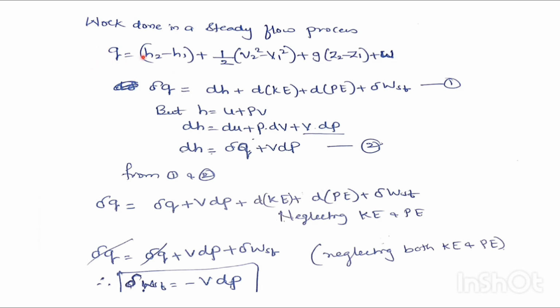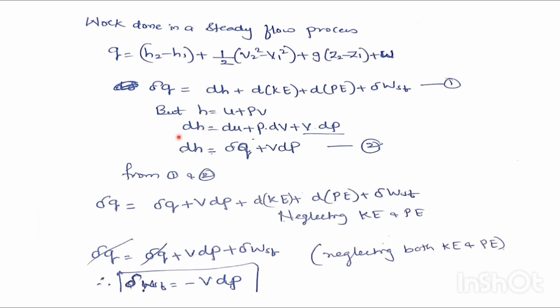Delta q is equal to h2 minus h1, which is nothing but dh, plus d of KE, plus d of PE, plus delta w of steady flow. We already know h is equal to u plus pv.